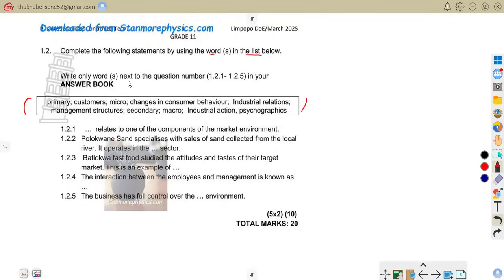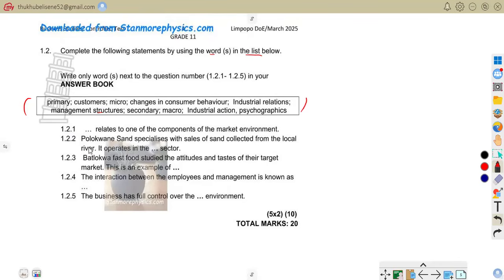Write only the word next to the question number, for example 1.21 to 1.25, in your answer book. This is the list that we are given: primary, customer, micro, changes in consumer behavior, industrial relations, management structure, secondary, macro, industrial action, as well as psychographics.